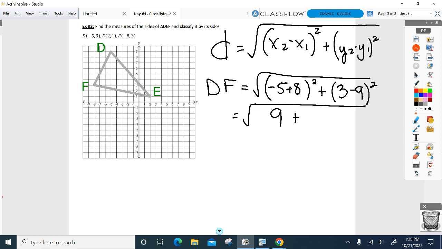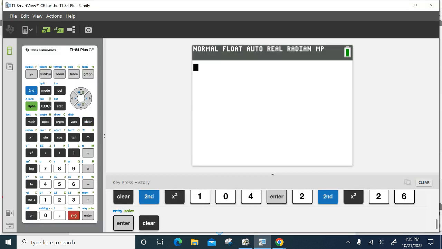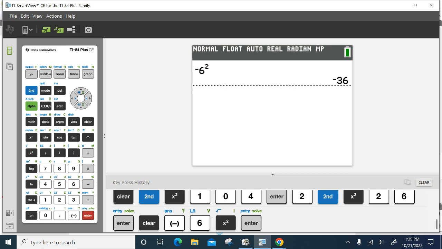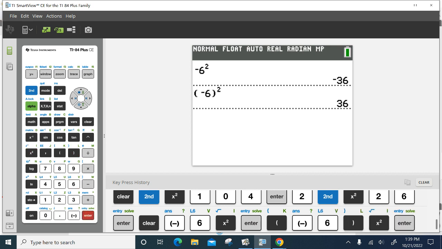Positive 36. Hey, look at my 2 numbers here. They should never be negative after you're done squaring. Well, my calculator, well, put it in parentheses then in your calculator. Because, hey, I don't have time to go over the big discussion of why when I do that, that's -36. But when I do that, that's 36.